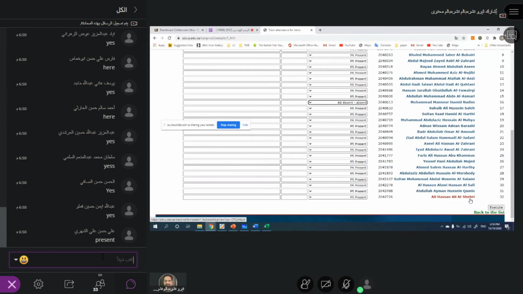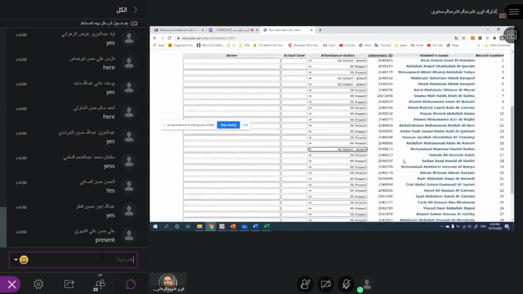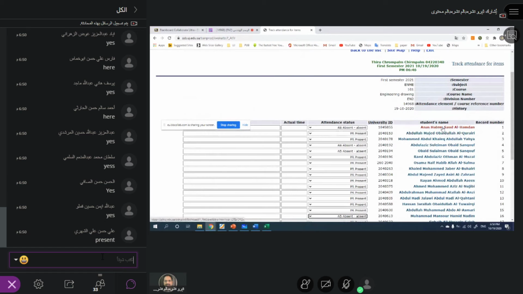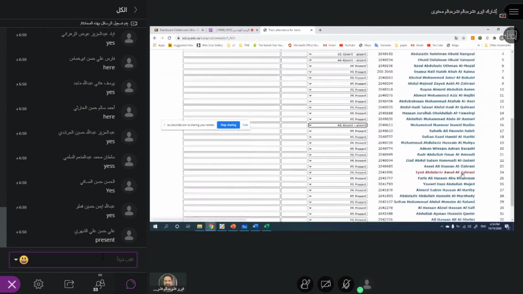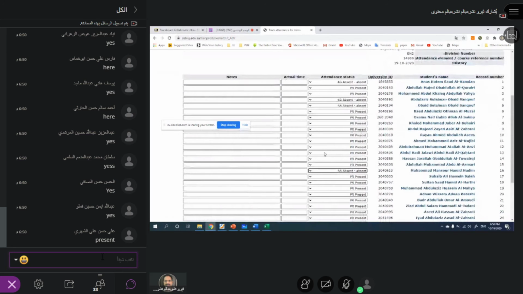Okay, so the absentees are Anas Khatib, Abdullah Sulaiman Obaid Sankuf, Obaid Sulaiman Obaid Sankuf, Muhammad Mansur Hamid Nadim. Four absentees today.